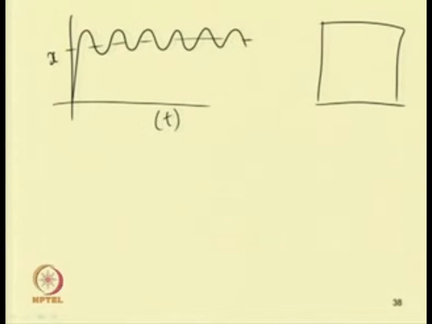Similarly, one can plot this x dot versus t and one can obtain the phase portrait like this. So in case of the periodic response, one can obtain the phase portrait as a closed loop. So this is x dot versus x. So one can obtain a closed loop in this case.